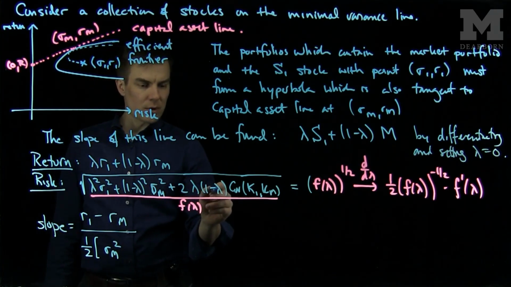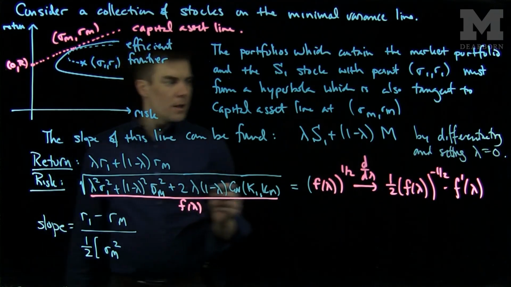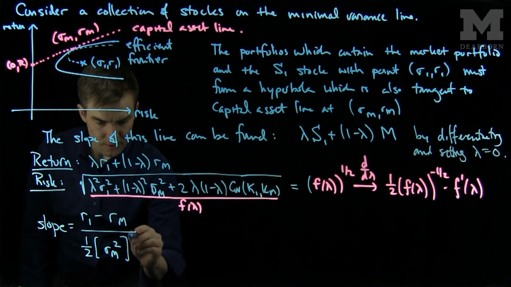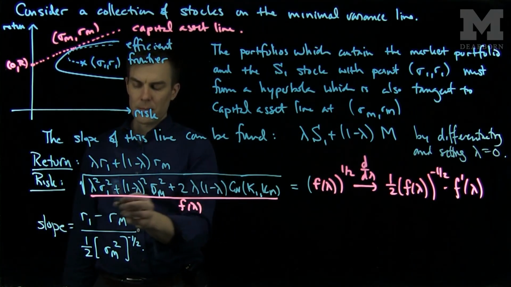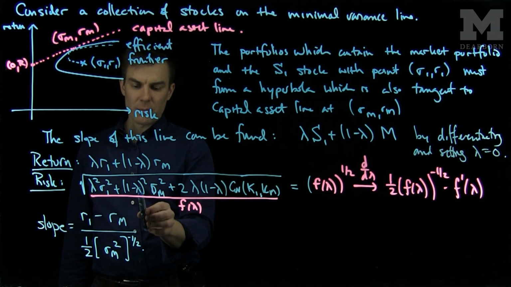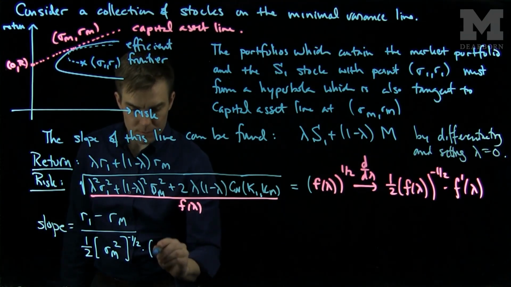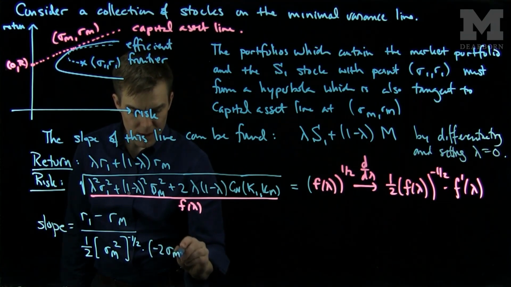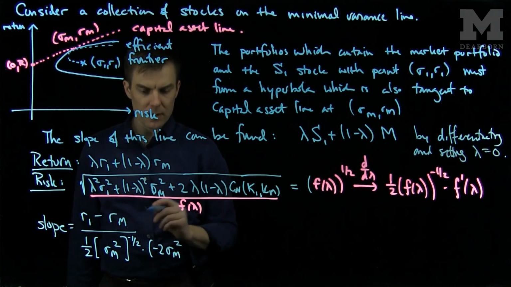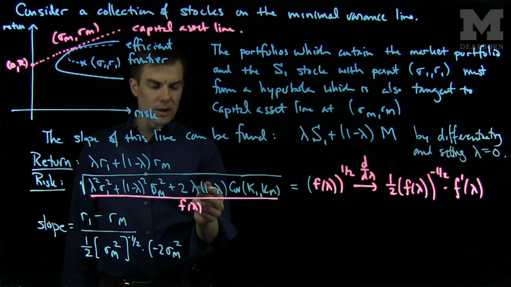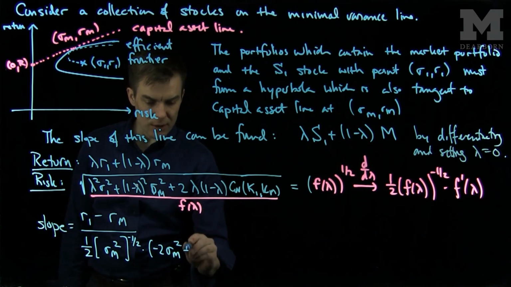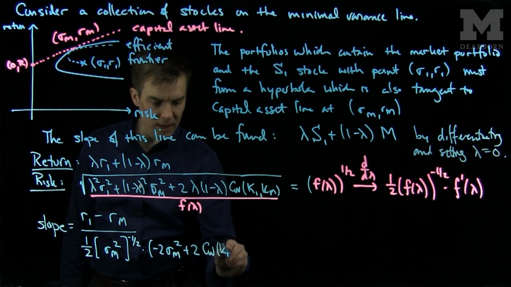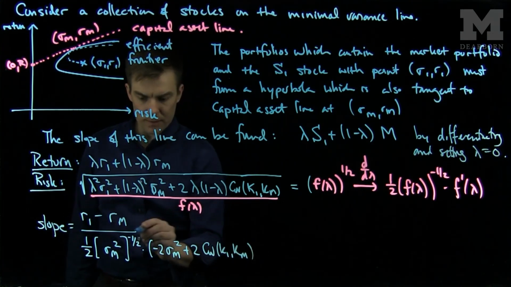And when I plug in lambda equals 0 over here, I will get nothing. So this will be to the power negative 1/2 times the derivative of this with respect to lambda at lambda equals 0. So this term will vanish. This term will give me a negative 2 sigma m squared. And then when I differentiate this and plug in lambda equals 0, what we will get is a 2 minus 4 lambda. So all that will survive is the 2 covariance of km and k1.